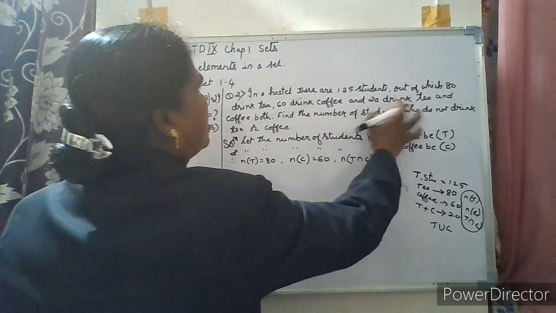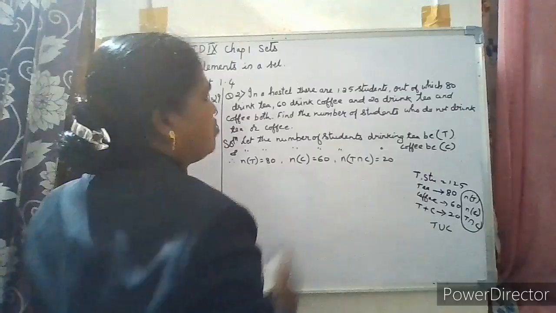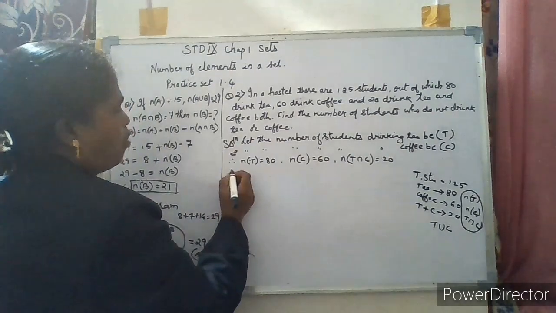That is, 20 drink tea and coffee both. That becomes the intersection.